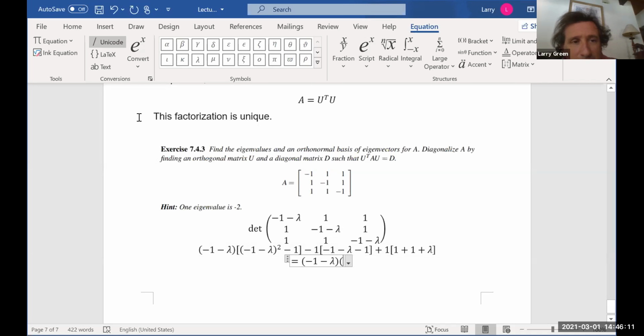So we're going to have a lambda squared, and then plus 2 lambda, and then we're going to have a plus 1 minus 1, so that goes away. And then plus, and this gets interesting. Notice that all these minuses go away, and these terms are the same, and you just get twice lambda plus 2.